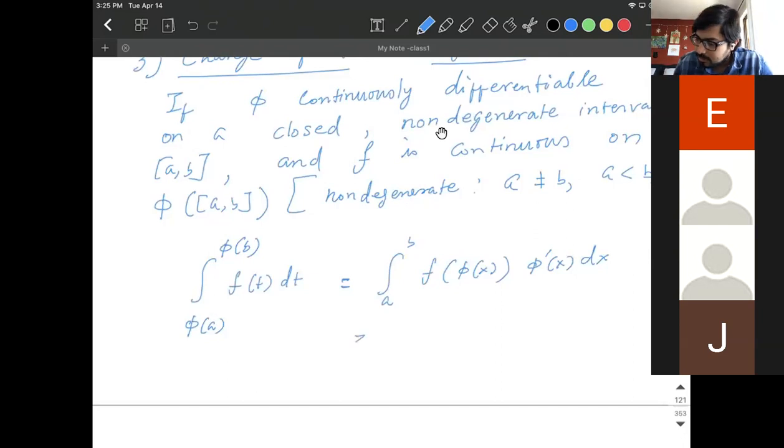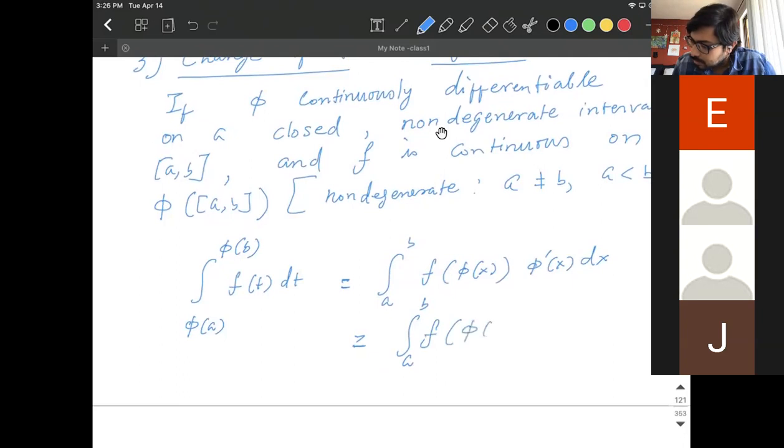In other words, this is the integral from A to B of f of phi x d of phi x.